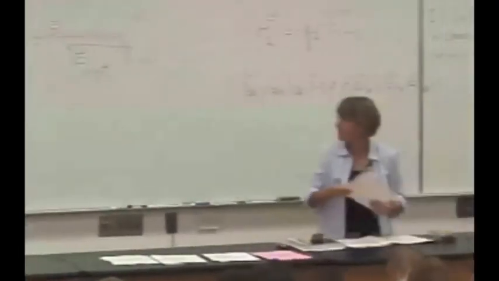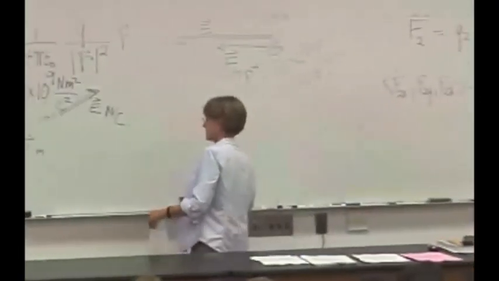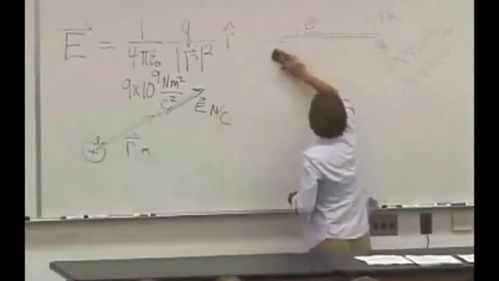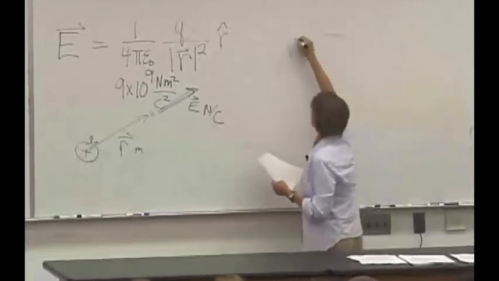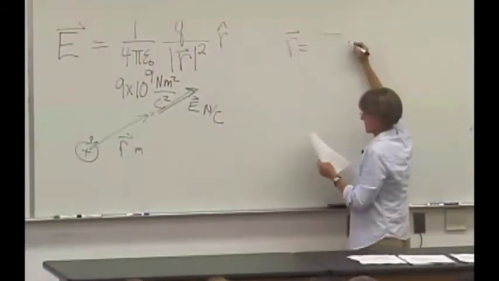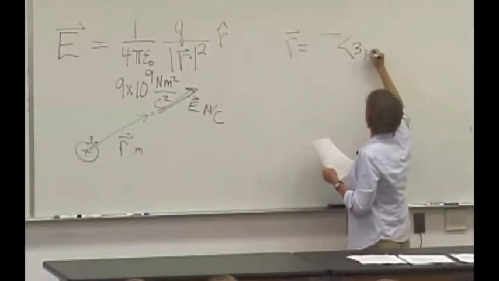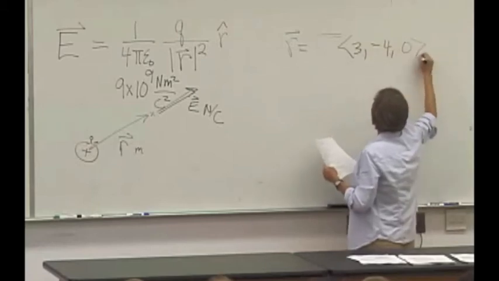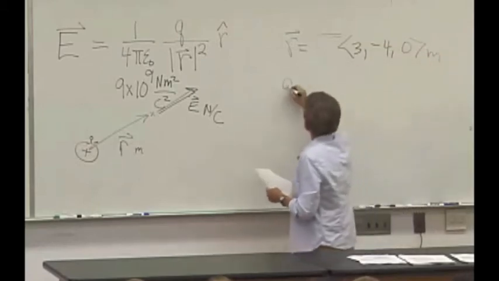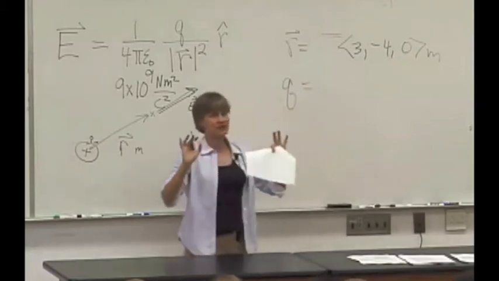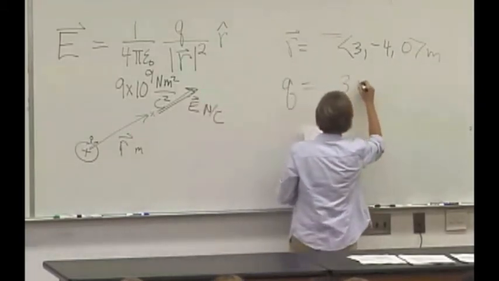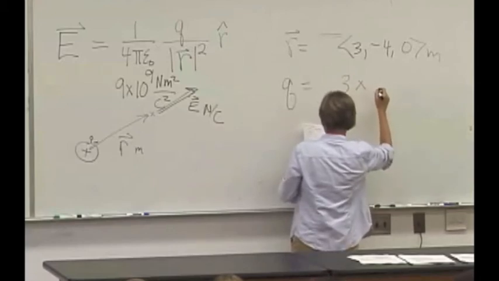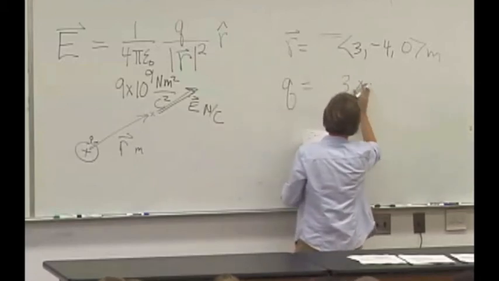If this r vector is, let's say, 3, -4, 0 meters. Say we have an object that's some kind of macroscopic object, a little charged ping pong ball or something with, let's make it a proton.